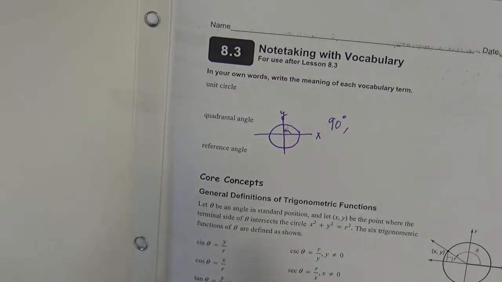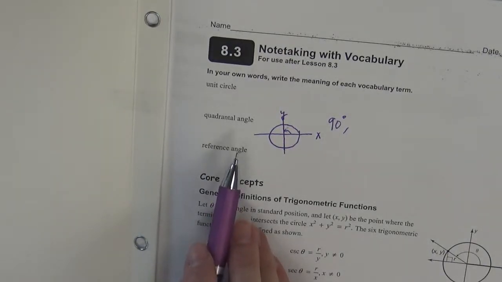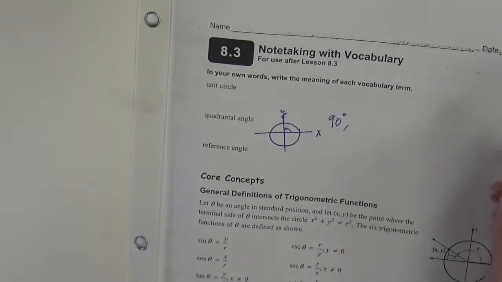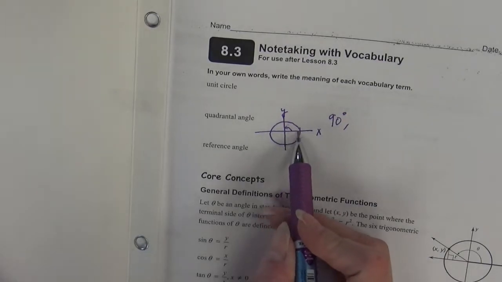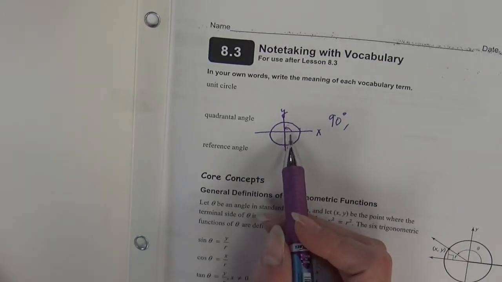So we were talking about a quadrantal angle. A quadrantal angle is an angle in standard position. Remember, standard position just means that it starts on the x-axis, and its terminal side lies on an axis.